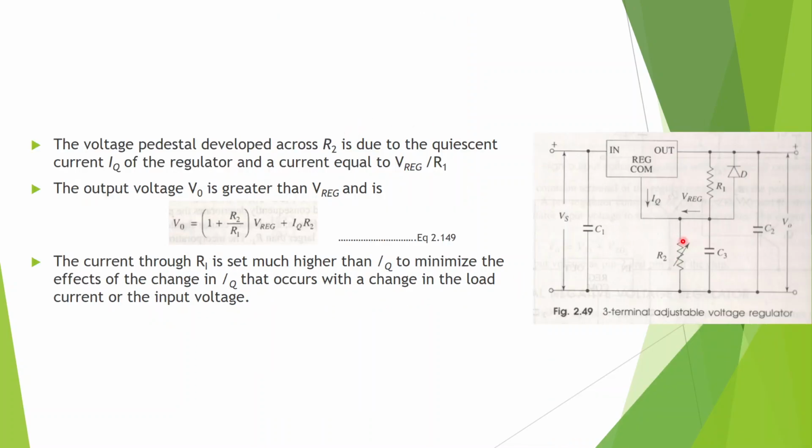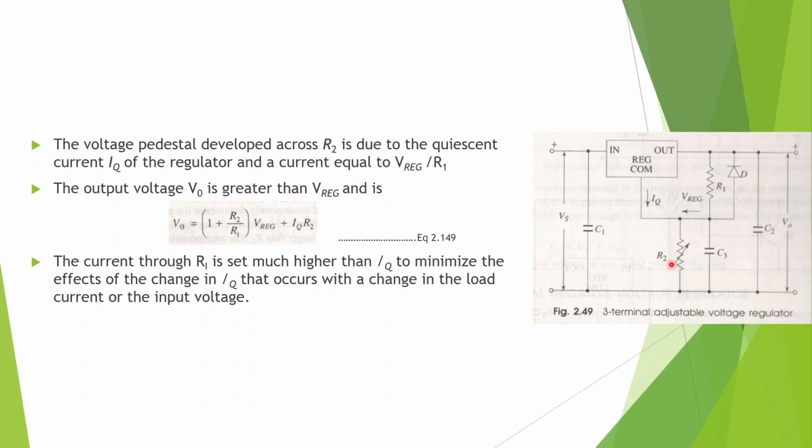Now the voltage which is developed across this R2 is due to this current IQ and the current which flows from here, which is equal to V regulator divided by R1, that is Ohm's law. So the current from this resistor and this current, both of them combine and flow through this, and it forms the voltage across this.